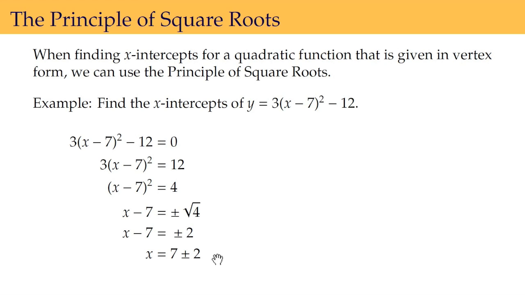If it had been something like 7 plus or minus the square root of 5, I would just leave it as it was. But since it is an integer, I can give my answer as 2 separate integers, 7 plus 2 and 7 minus 2. So the two x-intercepts are 9 and 5. And that concludes our video on finding intercepts for quadratic functions.